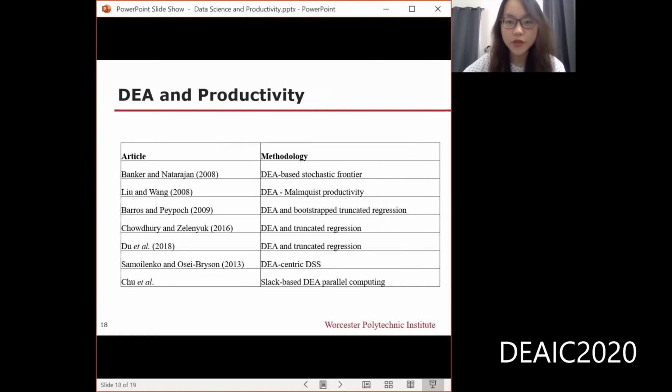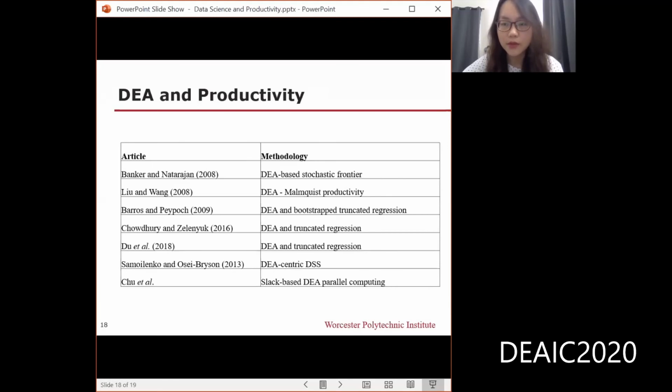Banker and Natarajan, 2008, proposed a DEA-based stochastic frontier estimation framework to evaluate contextual variables affecting productivity. The framework consists of a two-stage procedure involving DEA and OLS regression. Liu and Wang, 2008, measured the Malmquist productivity of semiconductor packaging and testing firms by employing DEA.